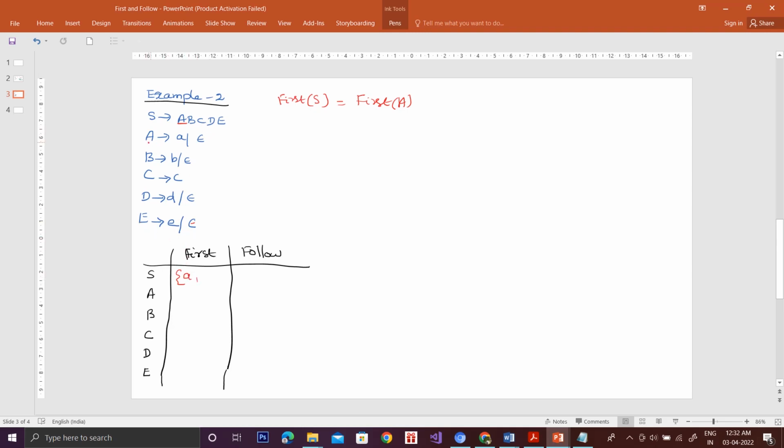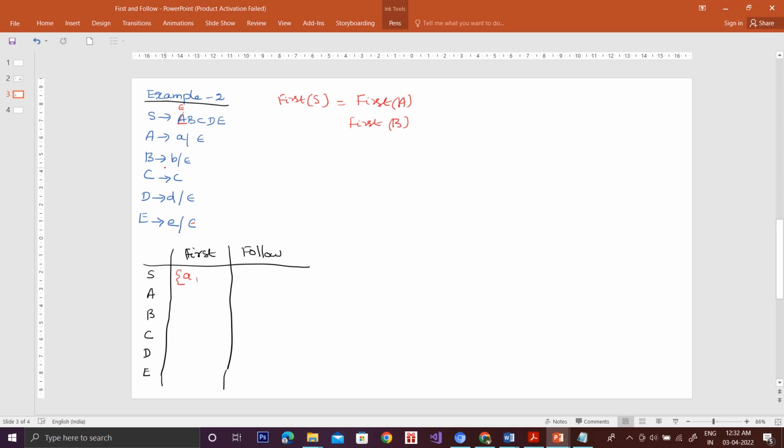And first of A also has epsilon, so when you substitute epsilon here, this will vanish. So now first of S becomes capital B, so we have to calculate first of B, because first of S becomes first of B.